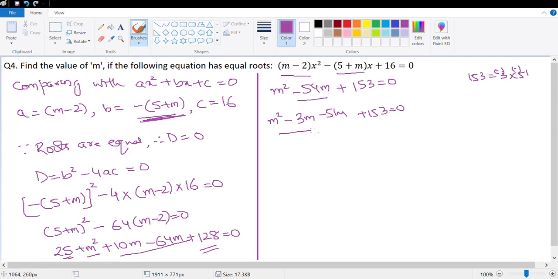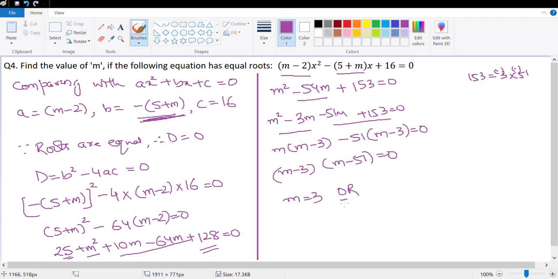Grouping it like this gives me m times (m minus 3) minus 51 times (m minus 3) is equal to 0. (M minus 3) times (m minus 51) is equal to 0. M is equal to 3 or m is equal to 51. We need to find the value of m. That's the question. Done.